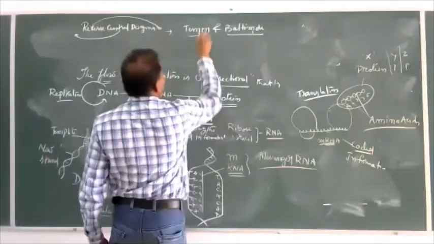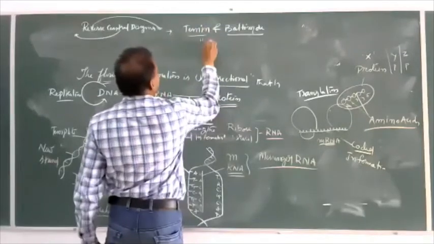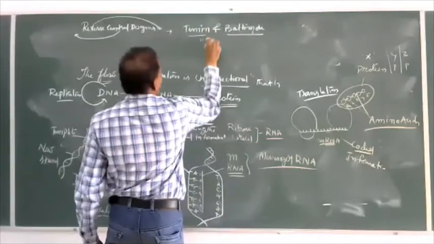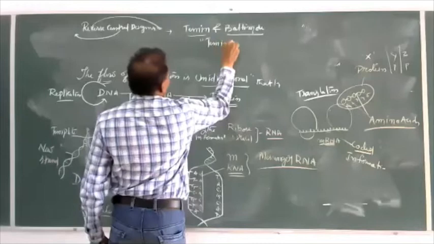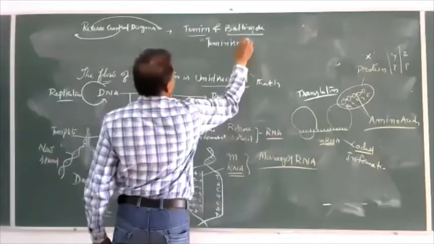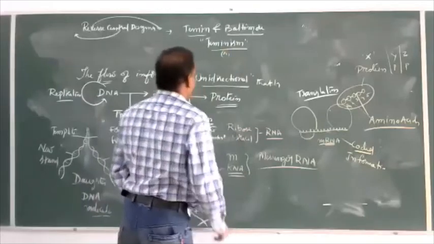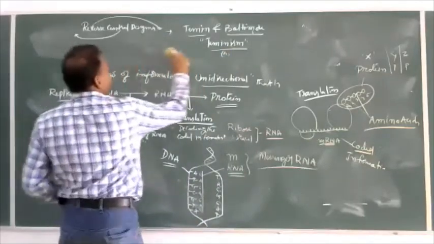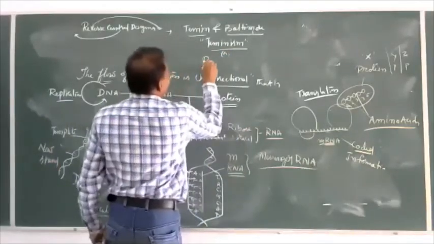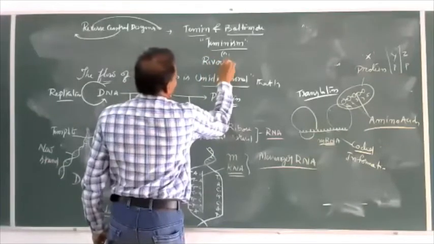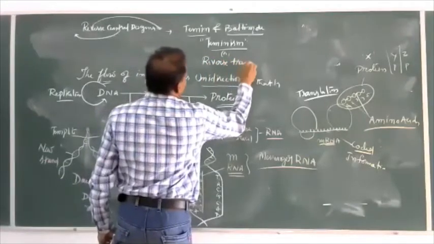This process is generally called Teminism because of the discoverer. And in simple terms, it is called reverse transcription.